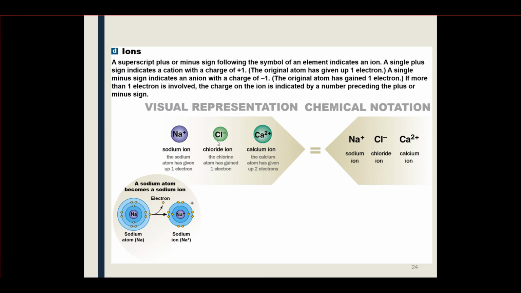These are elements that in order for them to become stable, they would like to lose or gain electrons. So if you have your periodic table out for a moment, take a look at sodium. Sodium has an atomic number of 11.